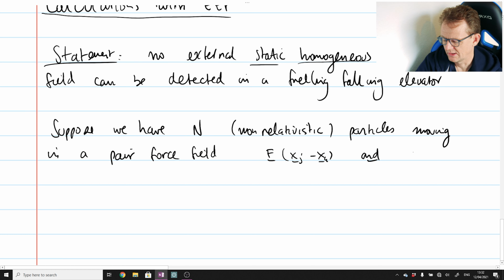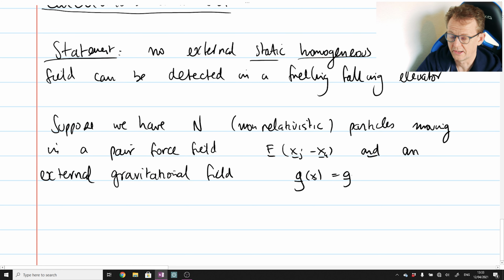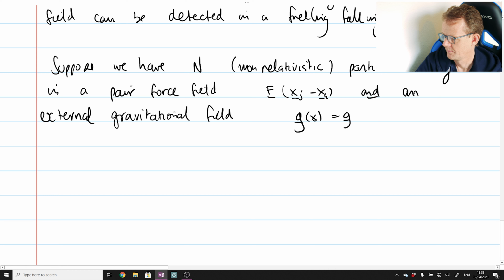And they're not only moving in that pair force field, they're also moving in an external gravitational field. G of x is a constant g, homogeneous, static, doesn't change with time.